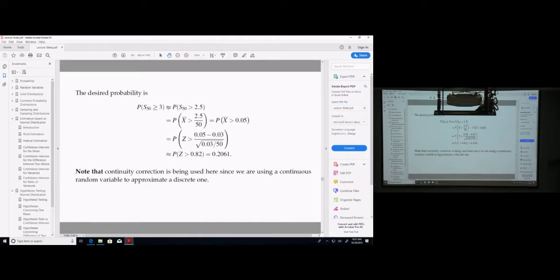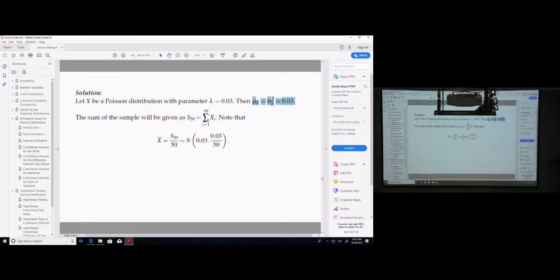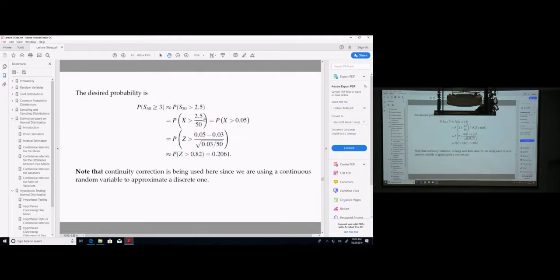This would be an exactly equal sign, because S50 is coming from a sum of Poissons, right? The Xi's are Poisson, and so Poissons are non-negative integer valued. So you are adding up integers, so it will be an integer. And as a result, if the integer is no smaller than 3, this will be the same as the integer being strictly bigger than 2.5. So this is actually a strict equal sign. It's not an approximate sign.